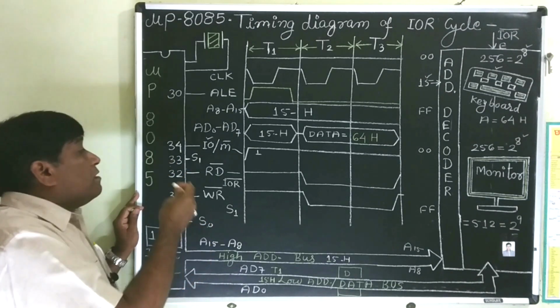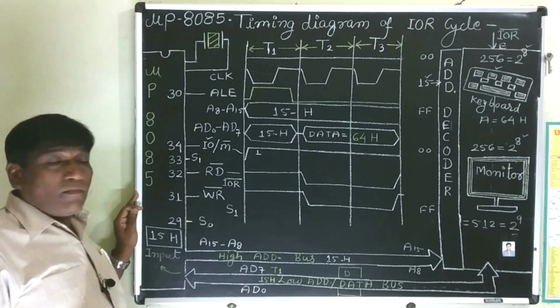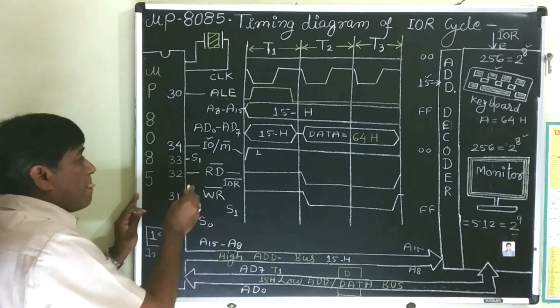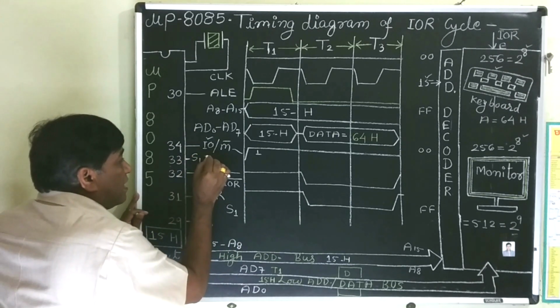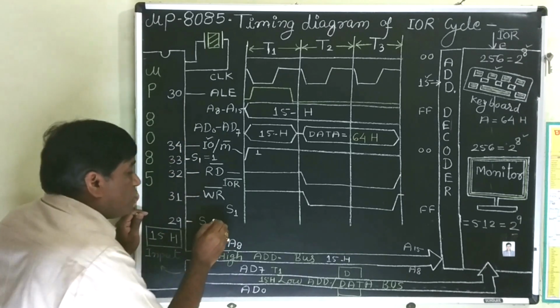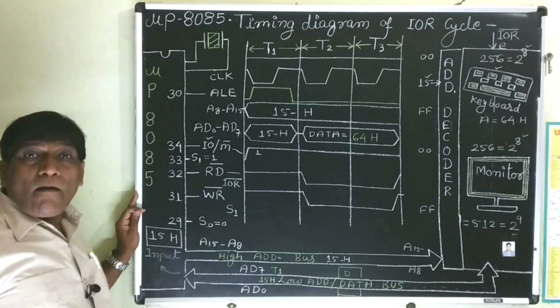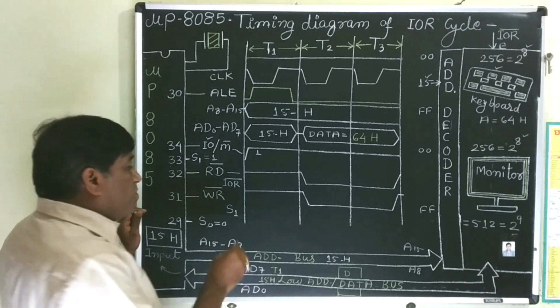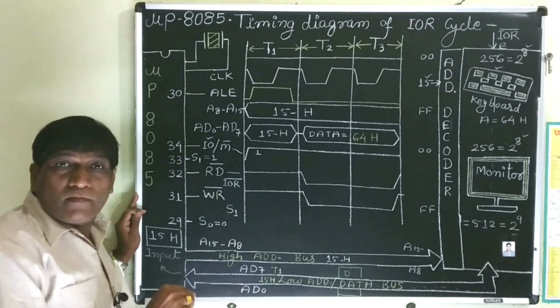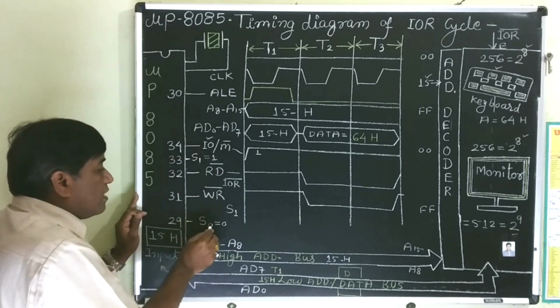जैसा ऑपरेशन चल रहा होगा, मान लो रीडिंग ऑपरेशन चल रहा है, suppose reading operation is going on, which means for reading operation this S1 must be 1. अब S1 1 है तो S0 क्या होगा? 0 होगा. राइटिंग अगर होता तो ये 1 होता, ये 0 होता. Which means if you see the status of S1 and S0, it will be 1 and 0.